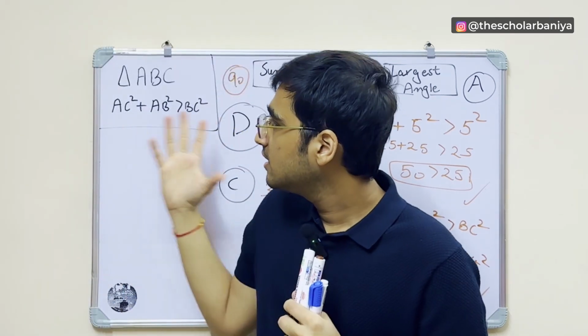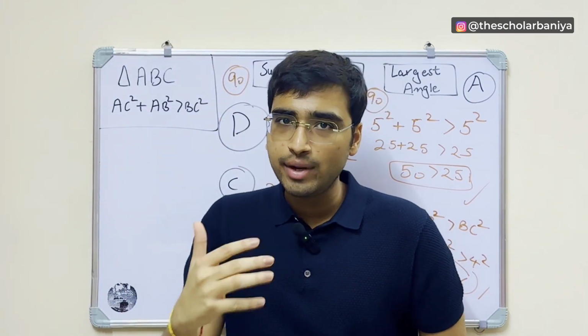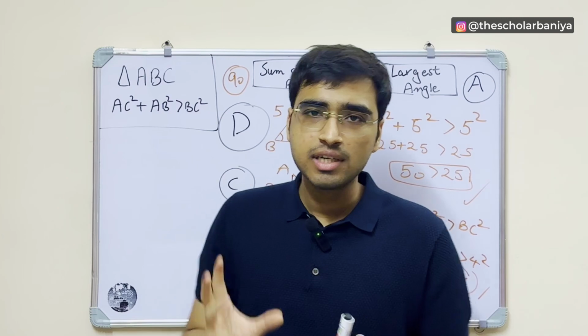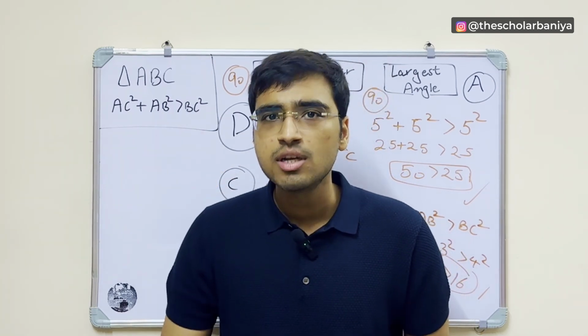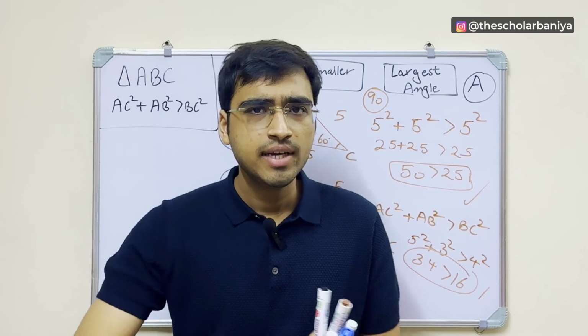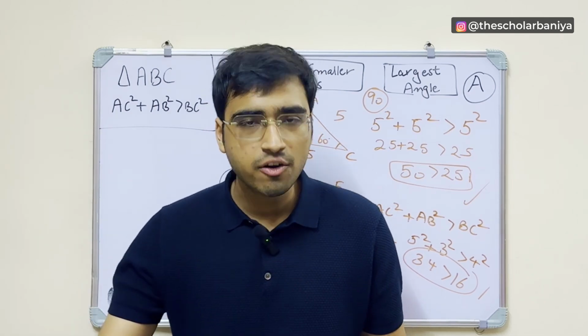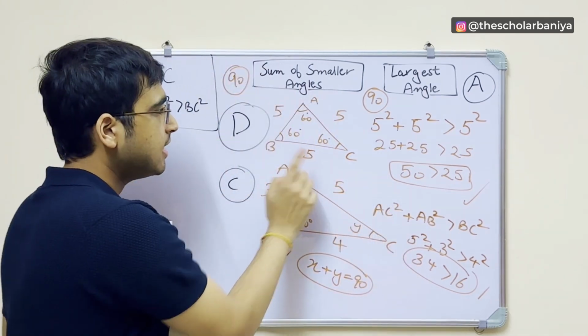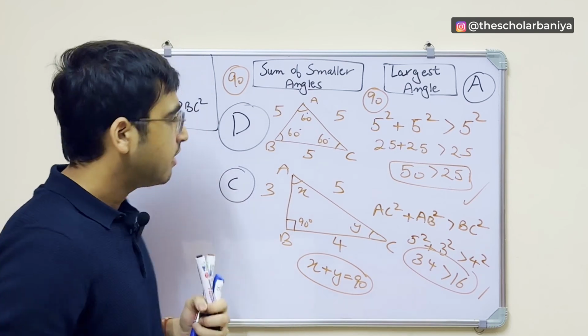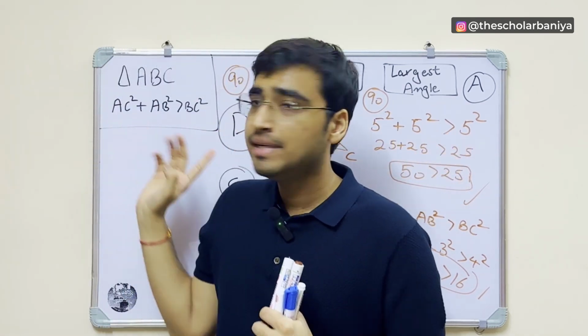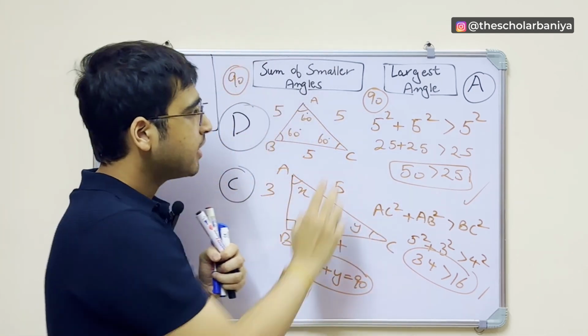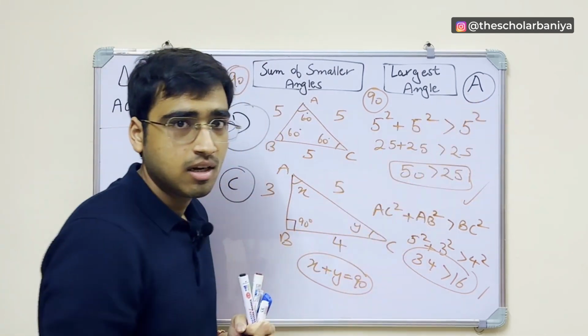So basically in this question, what we had to do was take multiple cases, because we were given a general triangle ABC and we had to satisfy this condition. So we can take an equilateral triangle, isosceles, right angle triangle, whatever. For the first case, I took an equilateral triangle, right? And I showed you that this condition is completely being satisfied, and in that case, we get A as the answer.